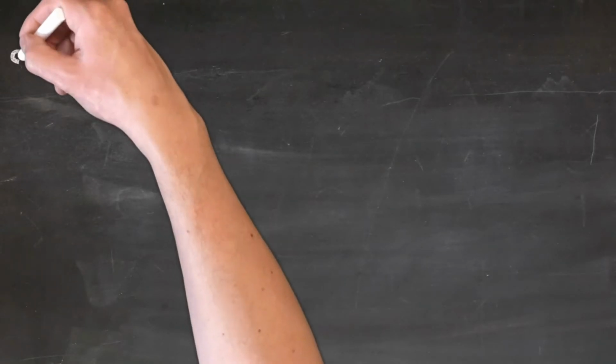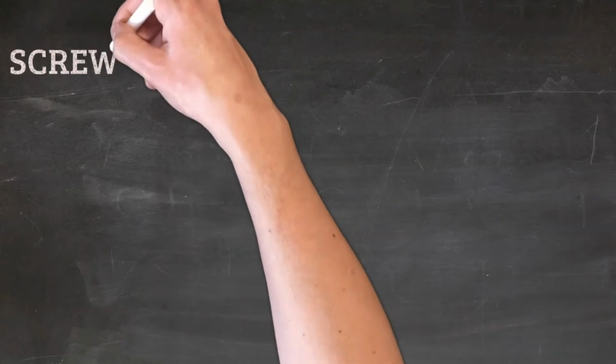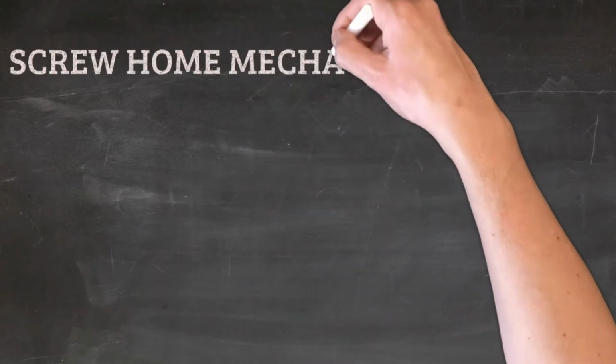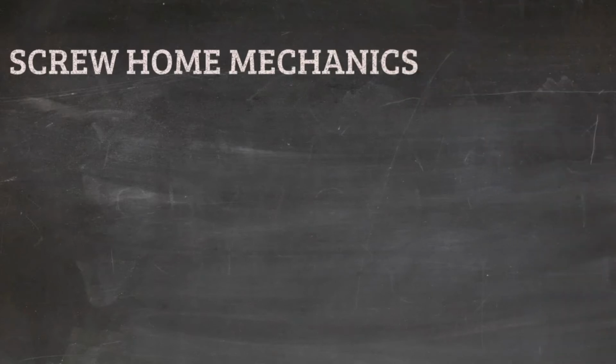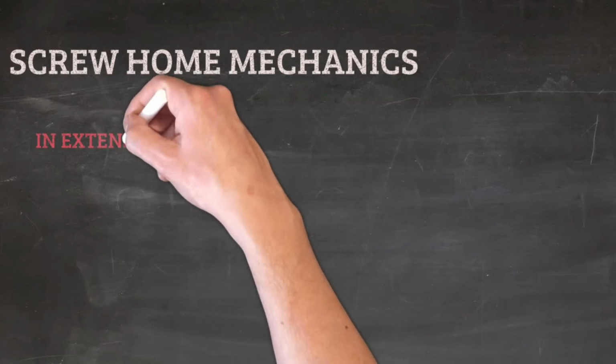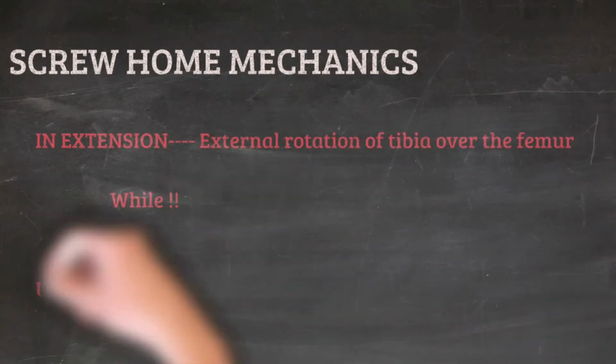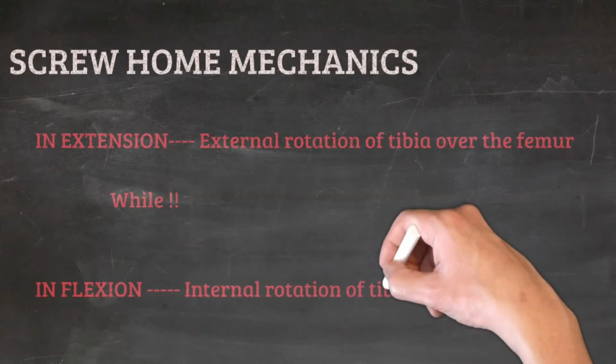So this motion at extension is called screw home mechanics. At extension, there is 10 degrees of external rotation, and at flexion, there is 10 degrees of internal rotation. The last 20 degrees of extension is essential to lock the knee.